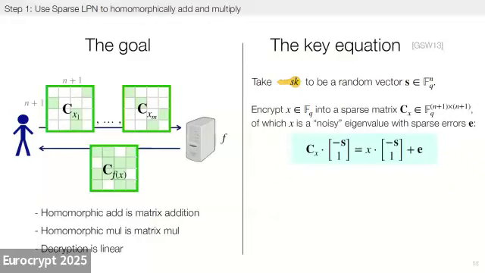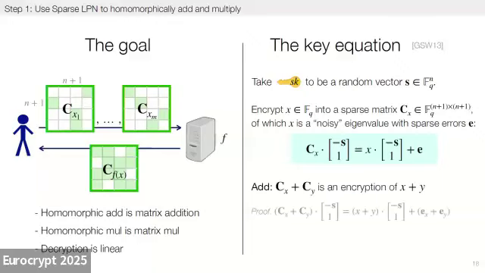Okay, so now I've argued that we can build ciphertexts of this form. And it turns out that this special structure is incredibly useful for performing homomorphic operations. Specifically, if we add two matrices, the underlying eigenvalues add, and so we get an encryption of the sum of the underlying messages.